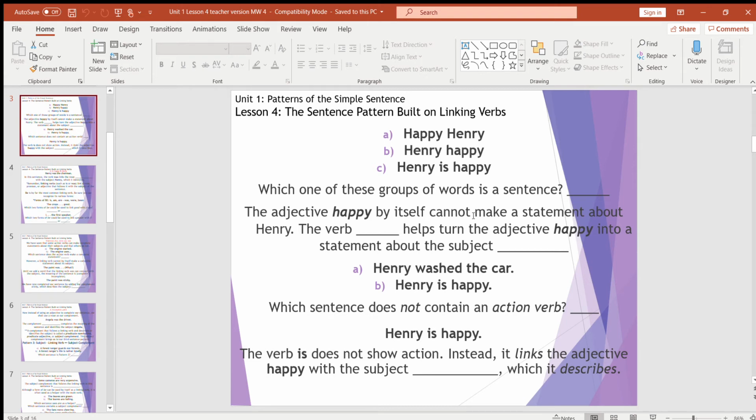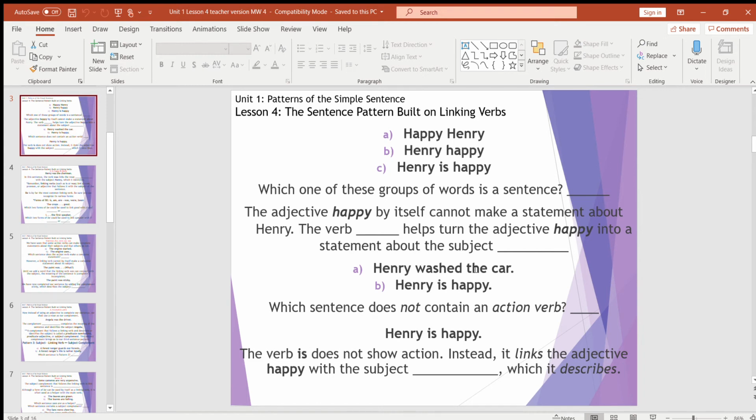We need a verb there in order for it to be a complete sentence. So in C, the verb that is used is what word? Is. The verb is helps turn the adjective happy into a statement about the subject. So who or what is happy? It would be the subject, Henry.